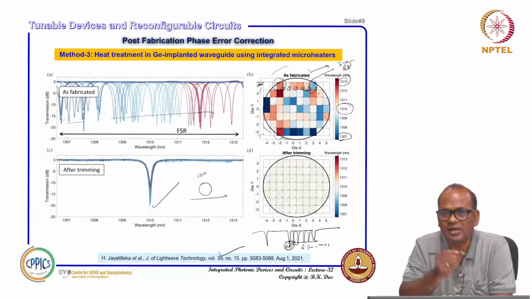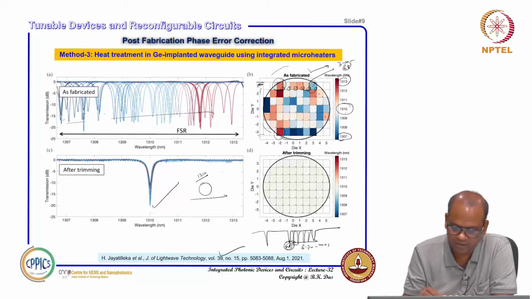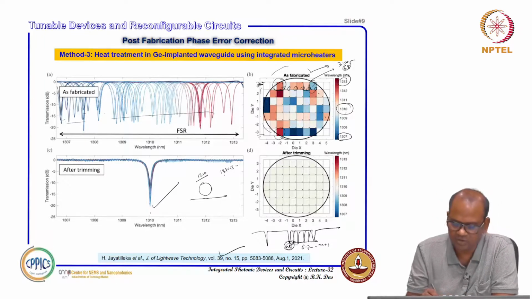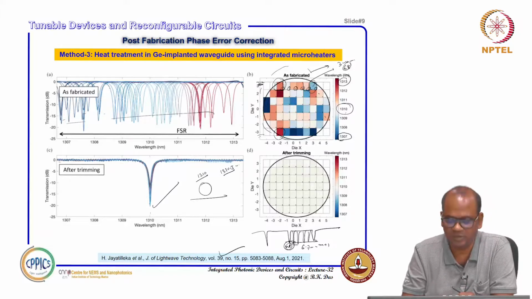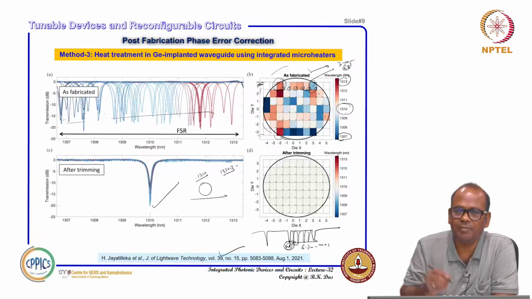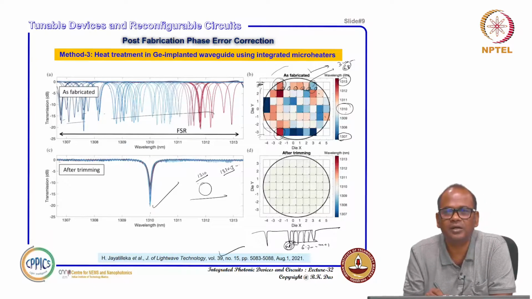For some other application I want it to operate at 1310.5 nanometer. According to your demand, for circuit application I want a resonance wavelength of 1310.5 nanometer instead of 1310, and for another application I can come back to 1310.